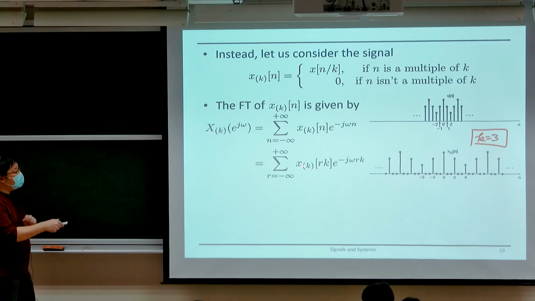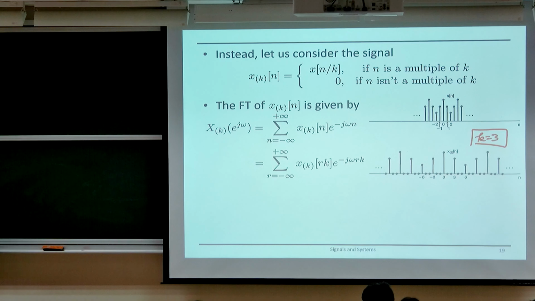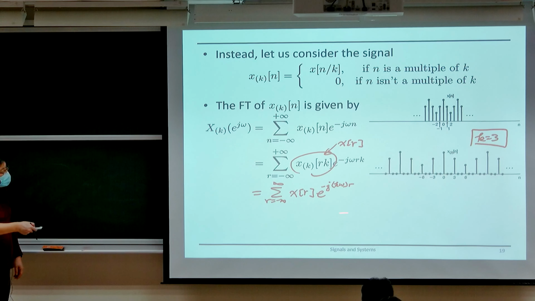And x_k[rk] we can substitute with x[r]. So eventually what this gives us is the sum of x[r] e to the minus j k omega r. And this formula is exactly the Fourier transform of x at frequency k omega.